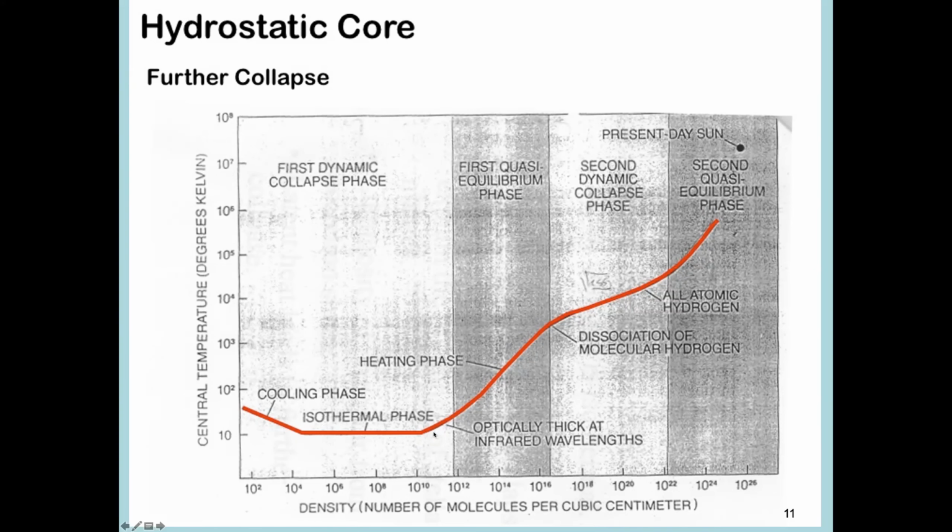Isothermal phase up to some density. Then you have the optically thick phase, and you start to have your first hydrostatic core. This keeps heating because it's optically thick, and then until the dissociation of H2, which then triggers a new collapse. Then you have the second collapse phase.